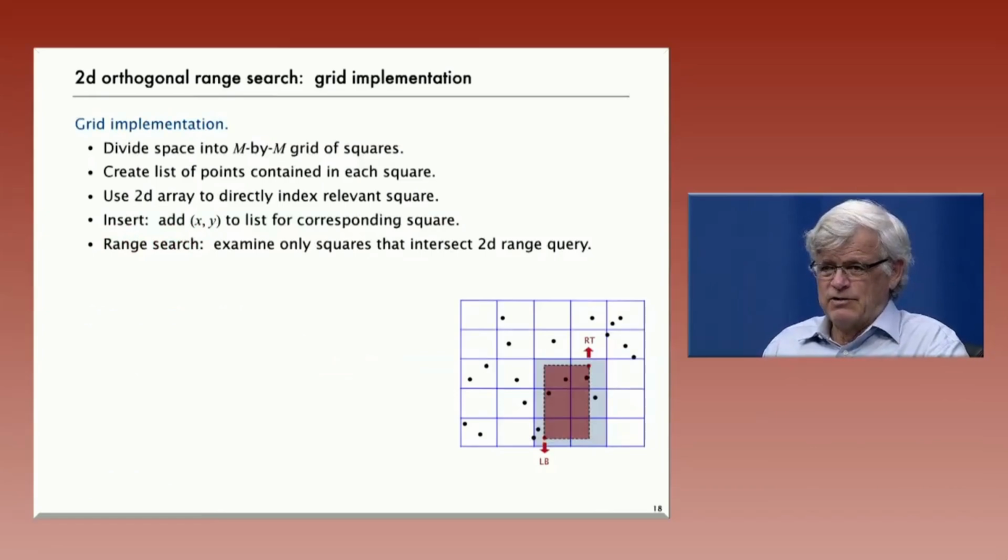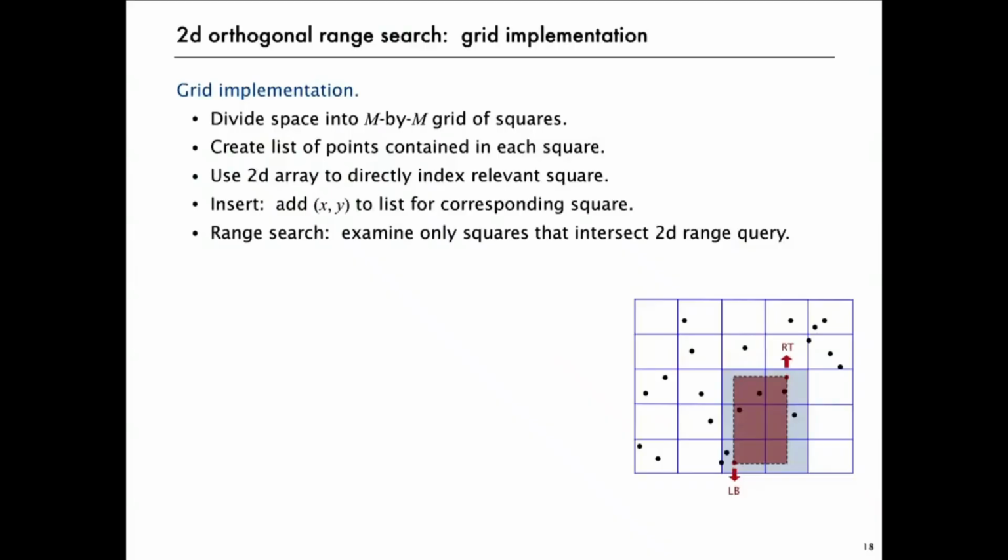Well, one easy way to do it is to just think about dividing space into a grid of squares. So we'll pick a parameter m and divide space into an m by m grid of squares, and then process all the points and make a list of points that are contained in each square. We can use a two-dimensional array to directly index relevant squares.